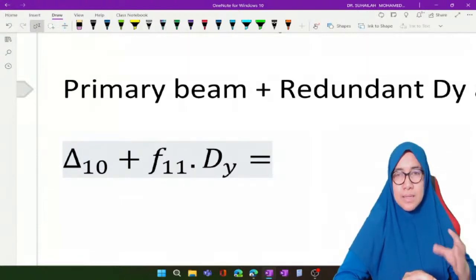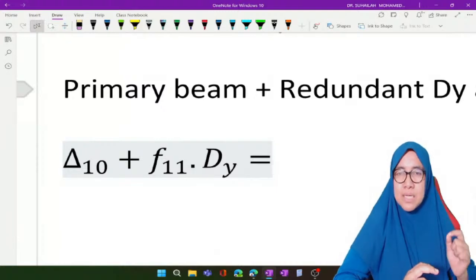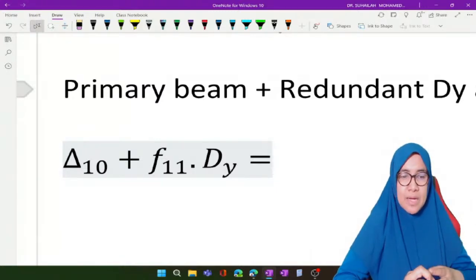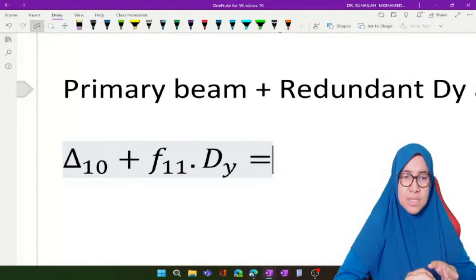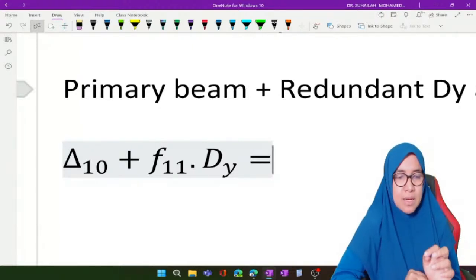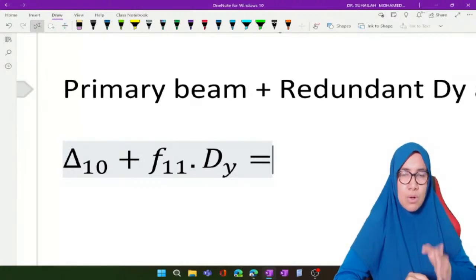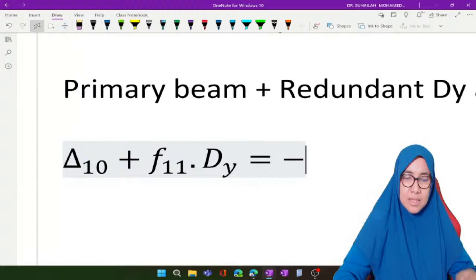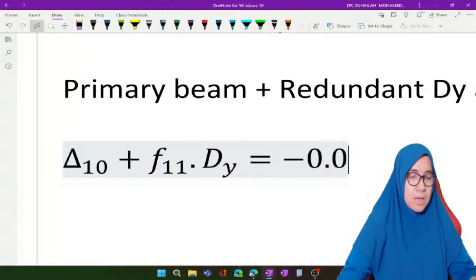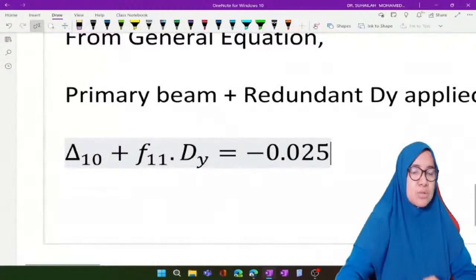With support settlement, this equation is equal to the settlement given, as long as deflection and forces occur in the same direction. dy is in the vertical direction, support settlement also in the vertical direction. So it is equal to negative 0.025 meter.